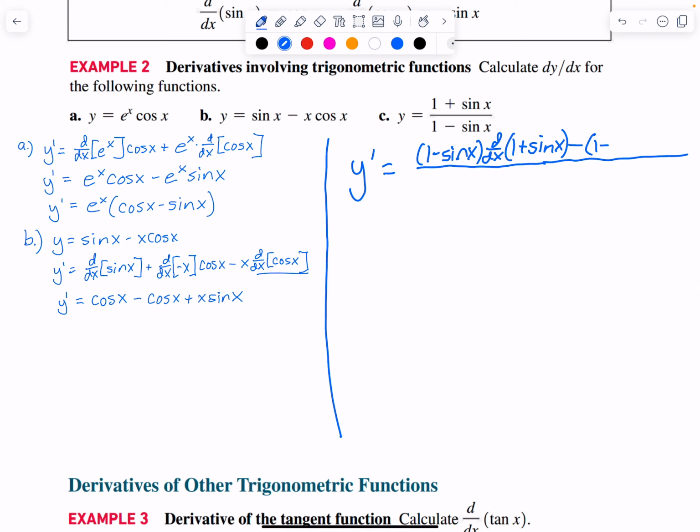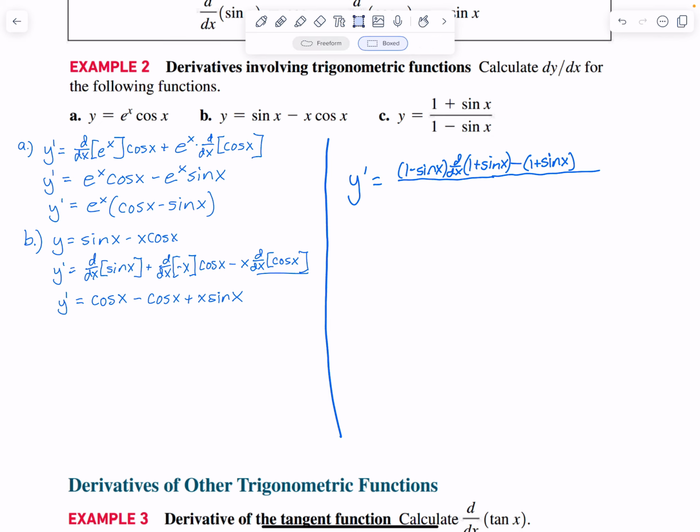Okay, so 1 plus sine x. I'm going to run out of room, so I'm going to shrink this up just a bit. Times the derivative, sorry for all that, so that's high d low. If you need a reminder of that definition, please go check it out. And I get 1 minus sine x squared. Okay, I take my derivative.